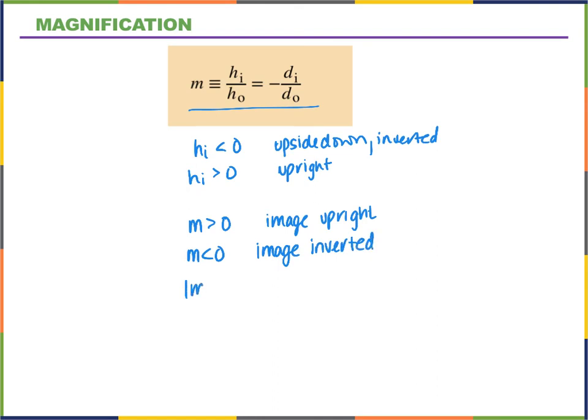If the absolute value of m is greater than 1, the image is enlarged. And if the absolute value of m is less than 1, the image is reduced. You'll see if those look familiar and sound like the conditions for the spherical mirrors. You're exactly right. They're exactly the same.